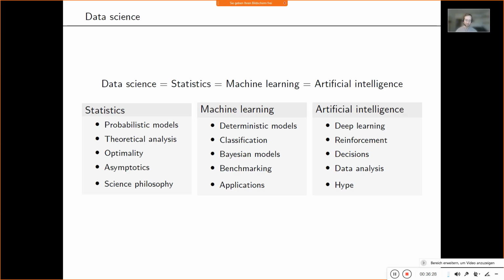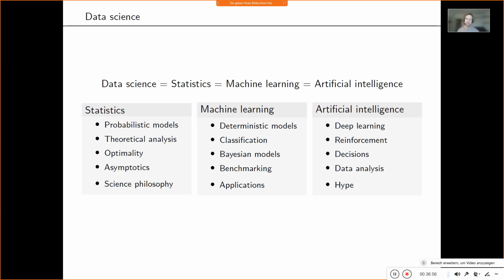Mathematics tries to be very precise, physics makes some approximations, and engineering makes even stronger approximations. In engineering, of course, the aim is to get something to work and maybe less to understand what's going on. So I don't completely agree with Michael Jordan on this idea of data engineering, but the philosophy is the same: statistics, machine learning, AI, and data science are essentially all the same thing.